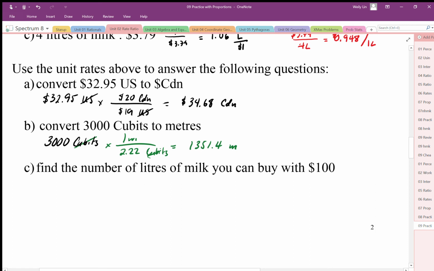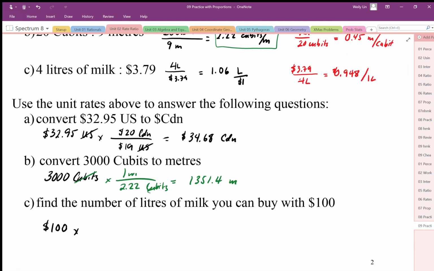So for the last one here, the number of liters of milk I can buy with $100. So I'm going to start with my $100. Okay, and I need to use a ratio. So I'm going to use maybe this one here. Okay, so 4 liters for $3.79. So I'm going to put my dollars on the bottom, 3.79, so the dollars cancel out.